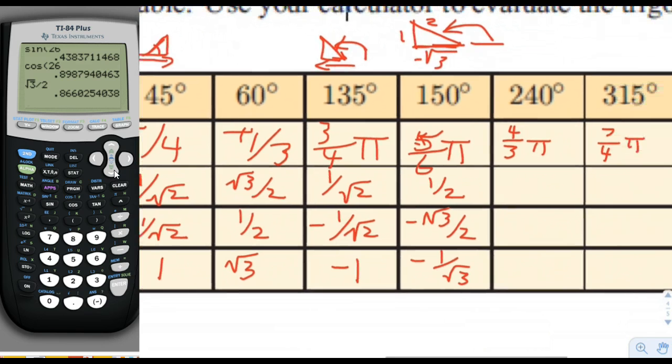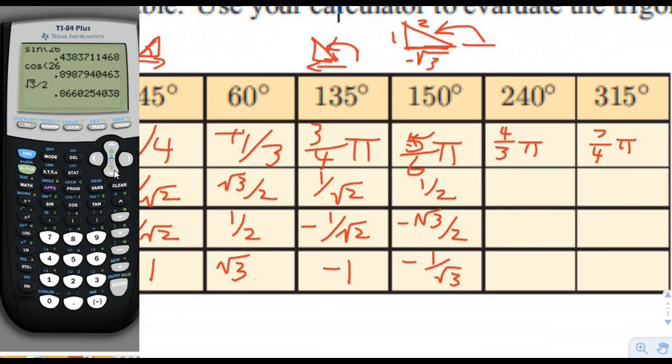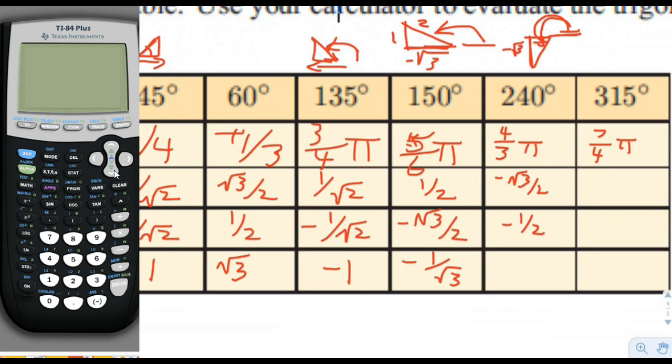Okay. 240 degrees is 4/3 pi, which is a 30, 60, 90 triangle that is there. Okay, so we're going almost to 270 degrees. So the sine would be negative square root of 3 over 2. The cosine would be -1/2. And the opposite over adjacent would be negative square root of 3 divided by -1. So it would be positive square root of 3.